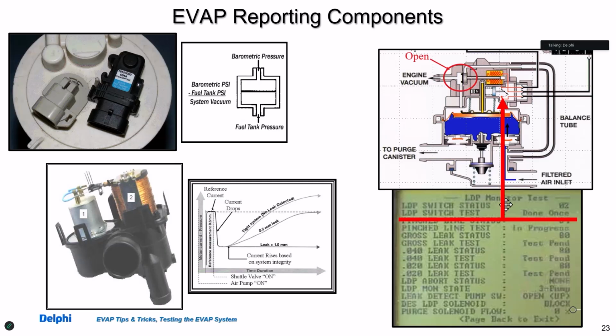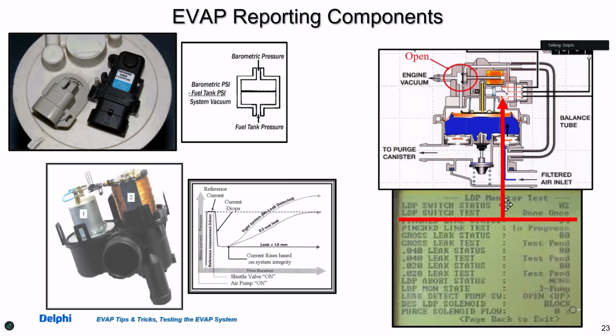One simple check you can do is get it in closed loop with your scanner hooked up, take it up to about 2,000 RPM, and hold it there for a minute and see if you're starting to draw a vacuum in the tank. Look at your FTP, see if it's starting to drop. If it is, that tells you two things. One, the purge is opening up and the FTP is moving, and chances are the canister is in place and its integrity is still good, because it is a partial restriction, so you are drawing some vacuum.